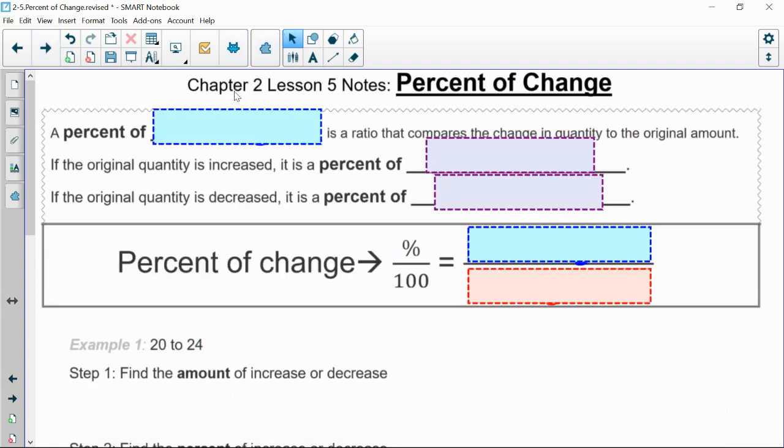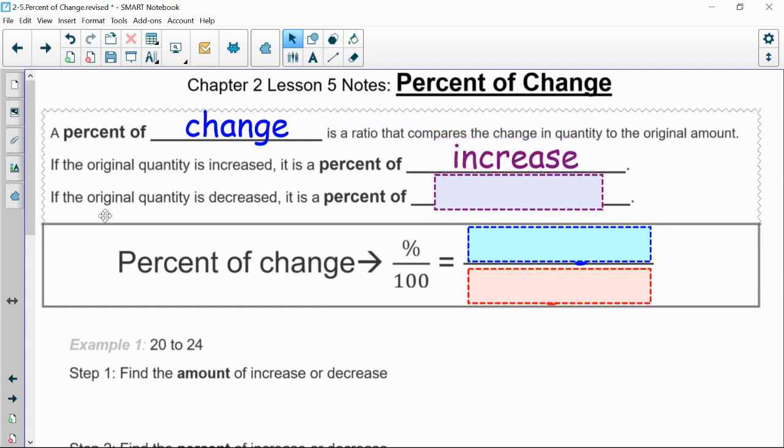A percent of change is a ratio that compares the change in quantity to the original amount. If the original quantity is increased, it is a percent of increase, whereas if the quantity is decreased, there is a percent of decrease. When you give your answers today, you have to identify which one is an increase and which one is a decrease.